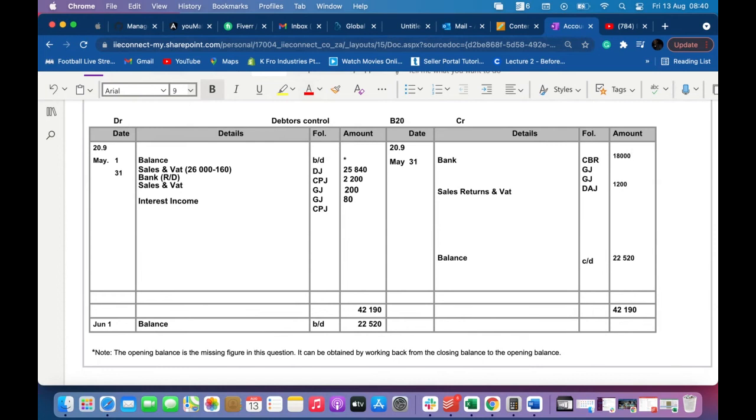We have sales and VAT. Okay, so that's probably settlement discounts granted. Okay, so that we're just going to leave there. 320, right?